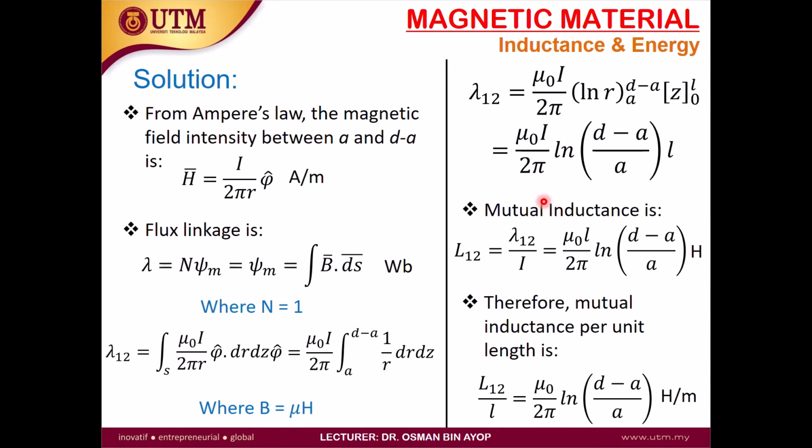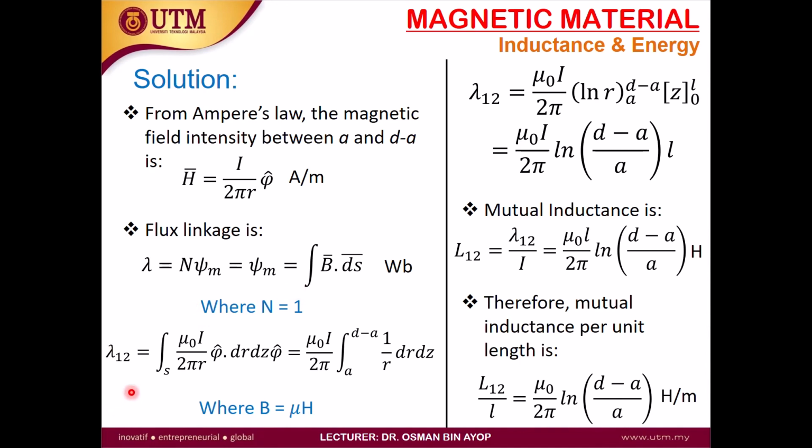Alright, from Ampere's law, the magnetic field intensity between A and d minus A is H equal to I divided by 2 pi R in the direction of phi, ampere per meter. The flux linkage is lambda equal to N flux M, where N equals 1 because it's just a long wire, and the flux is the integration of B dot dS, with unit Weber.